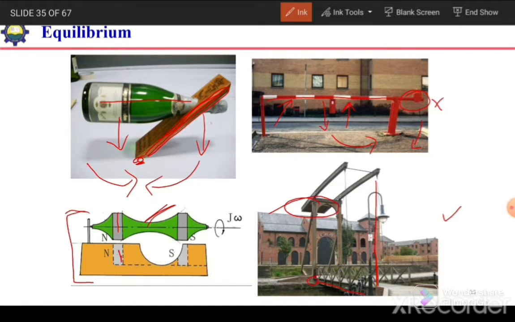The counterweight will apply a moment in this direction and the weight of this deck slab will apply a moment in this direction. If we design this counterweight in such a way that the moment because of this counterweight and the weight of this deck slab are the same, then we can easily lift this deck slab manually. A single person can lift this deck slab.